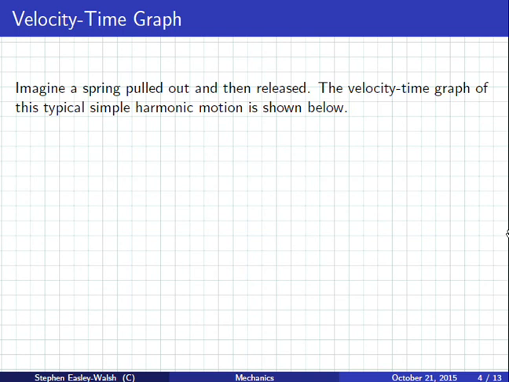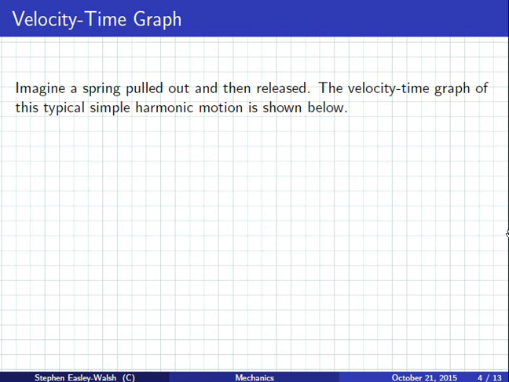Zero. Okay, and then I let go and it starts to move. It gets faster and faster as it falls. And then what starts to happen? It slows, stops, and then moves back up.